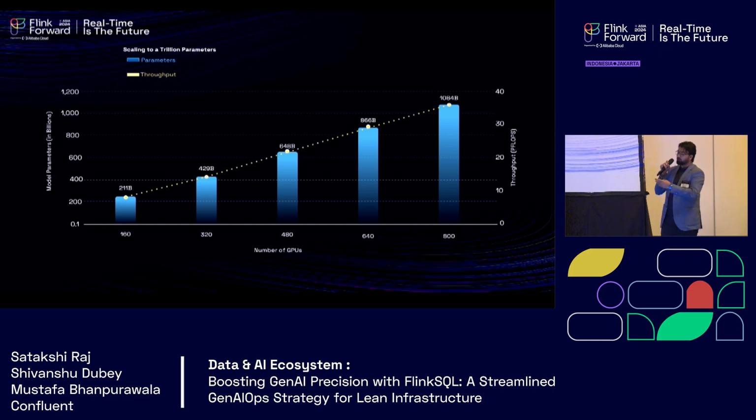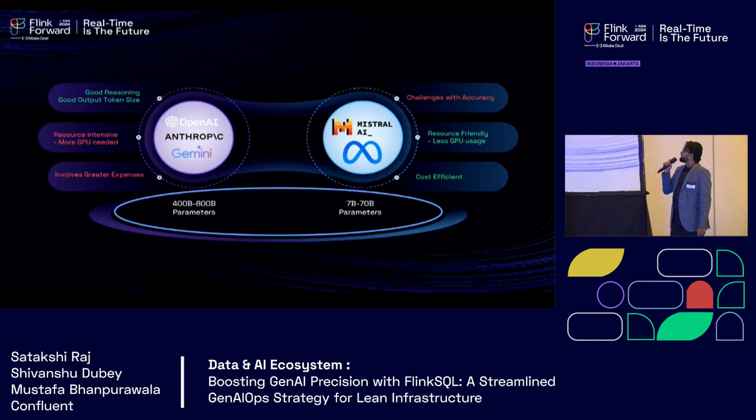We are already almost at 1 trillion right now, and as we grow with more and more data, more GPU consumption will come into play when you train these kinds of models.